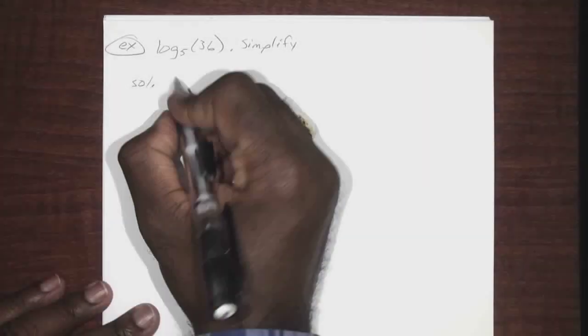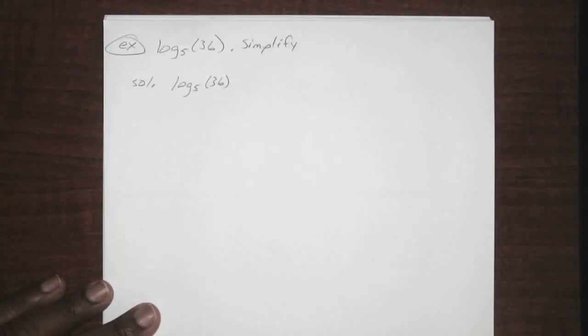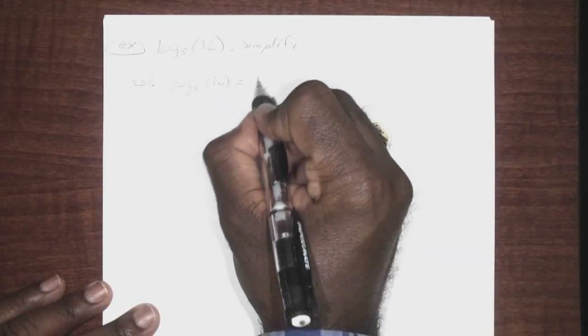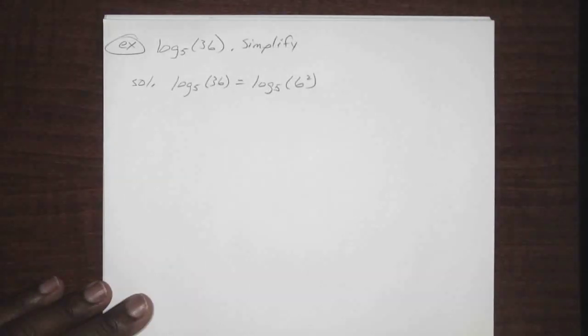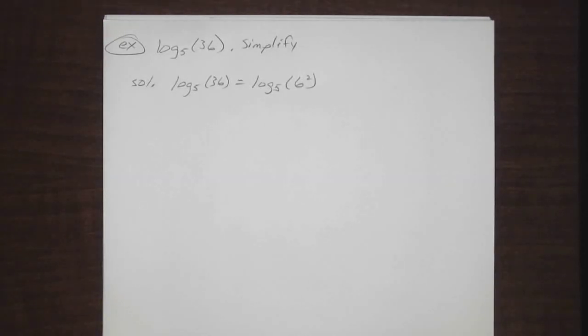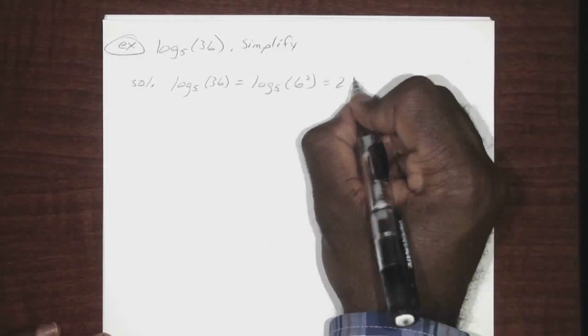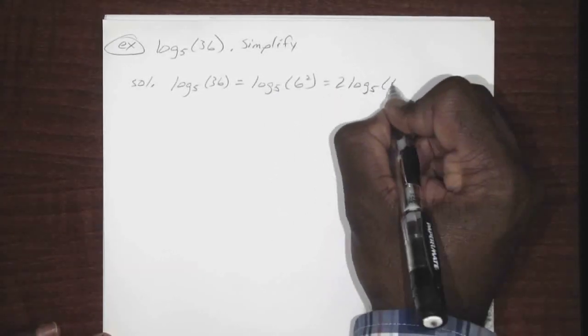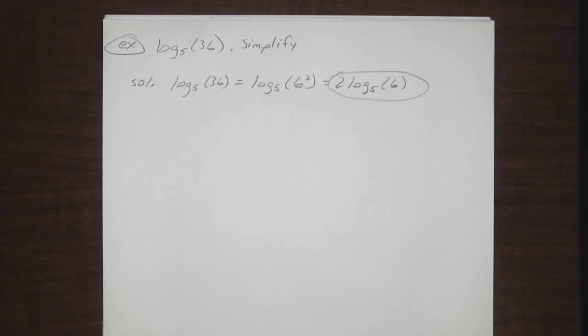With this one, you can just make that log base 5 of 6 squared. That exponent comes down to the front. That's just 2 log base 5 of 6. And really, that's as much as you can simplify that one, unless you make 6 equal 2 times 3, that would be log base 5 of 2 plus log base 5 of 3, and that's not simplifying it, you're making it longer.